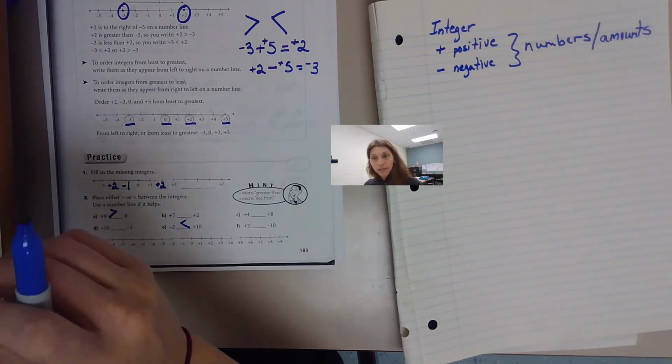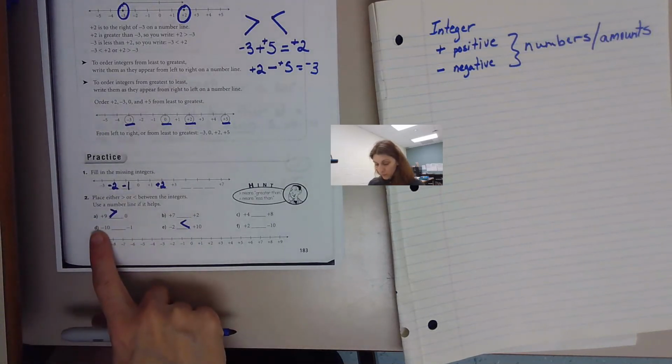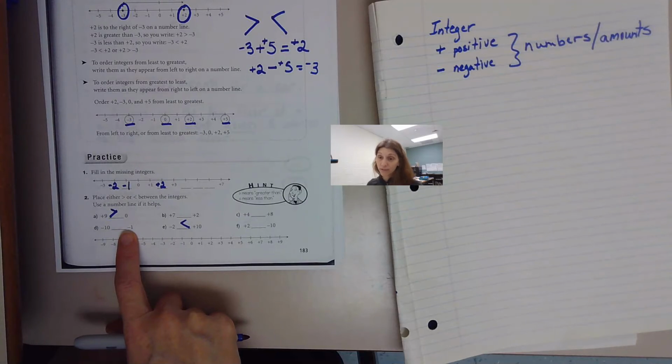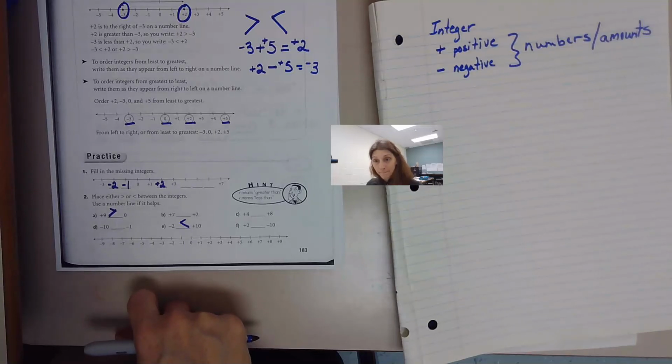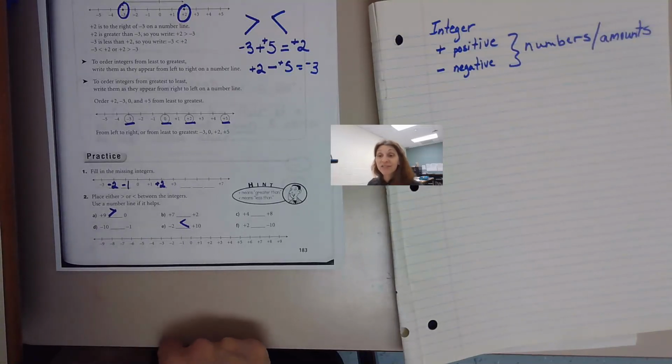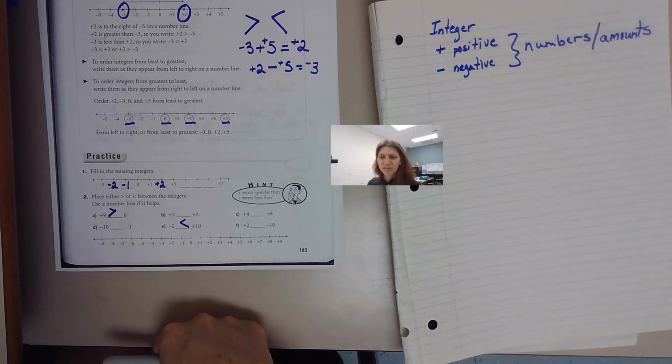But in this instance, where we have a negative 10 or a negative 1, 10 is larger than 1. But because it has a negative sign in front of it, it means it's more negative, which means it's smaller, or it's less amount. Okay?